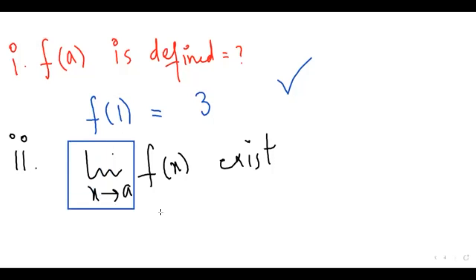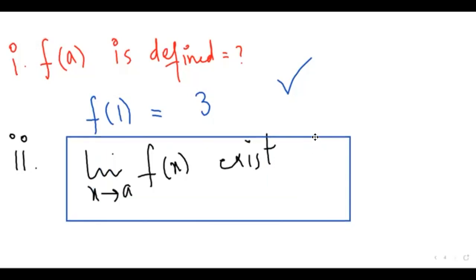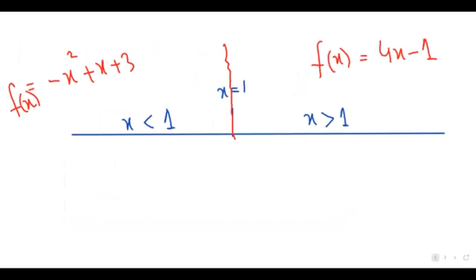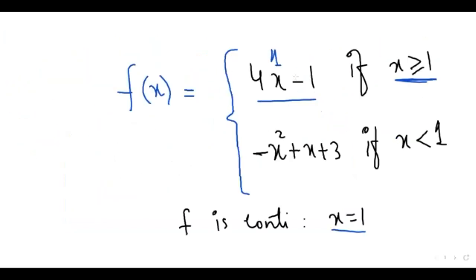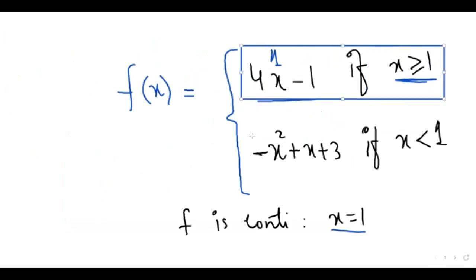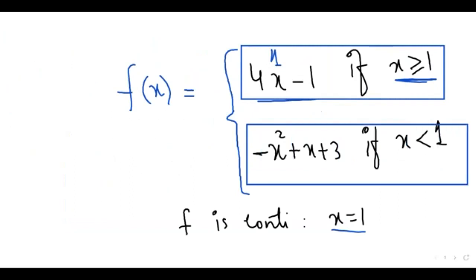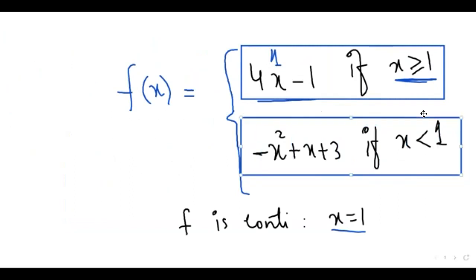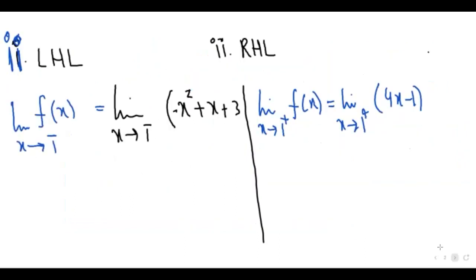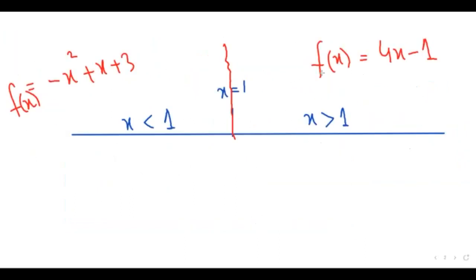So in order to check whether the limit exists or not, we are going to approach this function from both sides. This is one part of the function. This is the second part of the function. So we will approach it from the left hand side and the right hand side. We know this is the function on the right hand side. This is on the left hand side. So we are going to apply left hand limit and right hand limit on it.